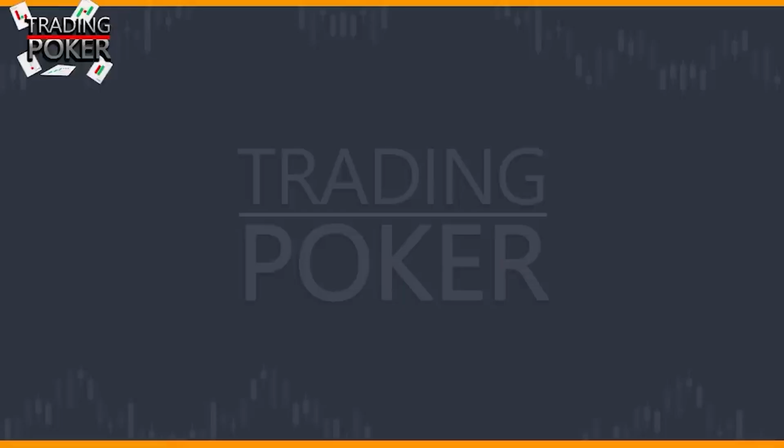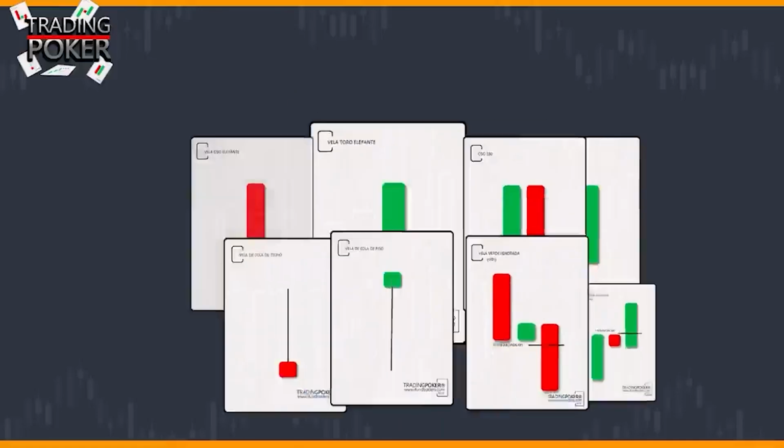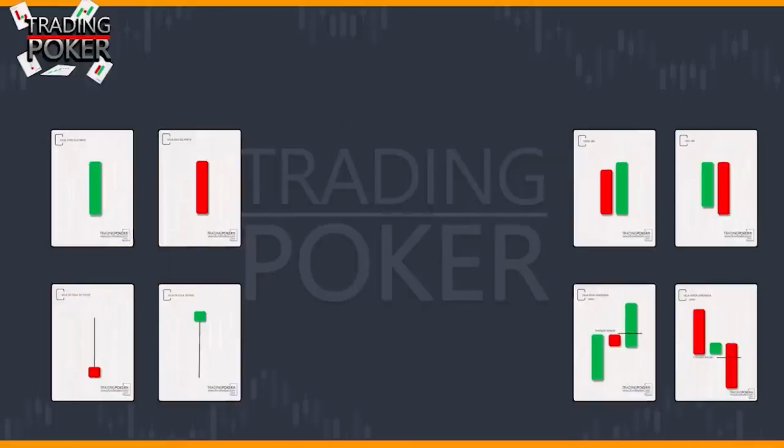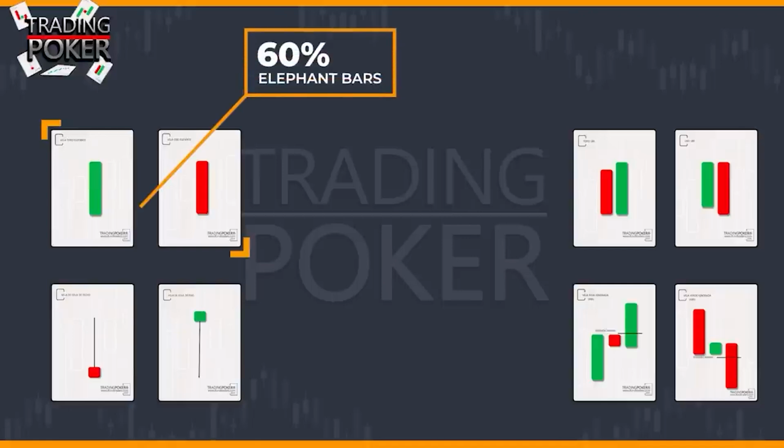Now, let's put some numbers on this. I want you to know the numbers on this. Elephant bar plays represent 60% of all plays, which means that you can actually make your whole living in the market just from elephant bar plays.